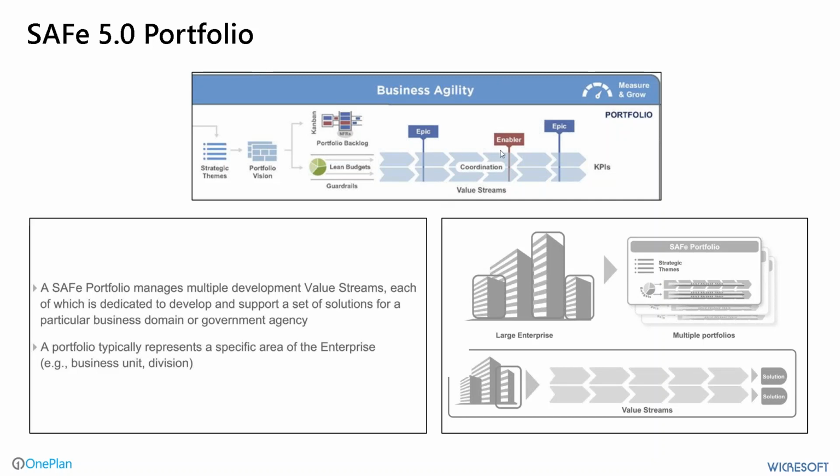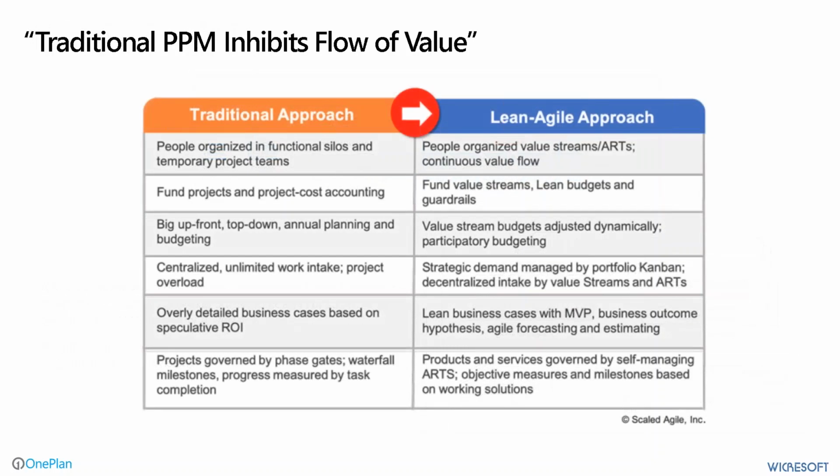You can see that we have epics and enablers, and there are KPIs which really are defined by our epic hypothesis statements and what we expect to get from executing the epic. In large enterprises, you're going to have multiple portfolios, and in smaller enterprises, you might just have one value stream per portfolio, which is supporting that solution. So your scale also determines how you will deploy SAFe lean portfolio management.